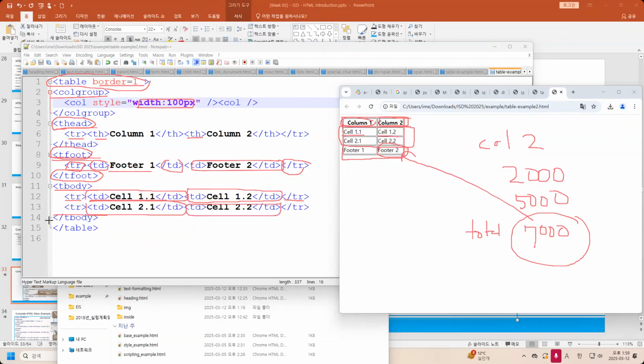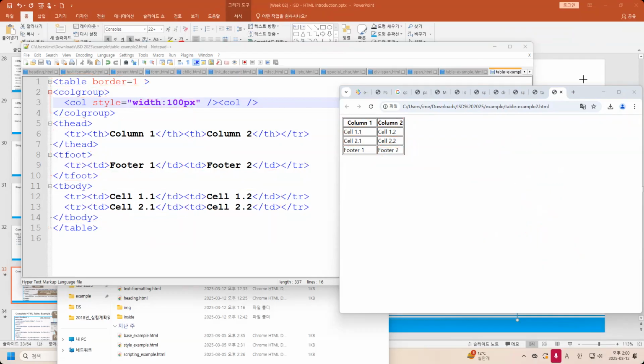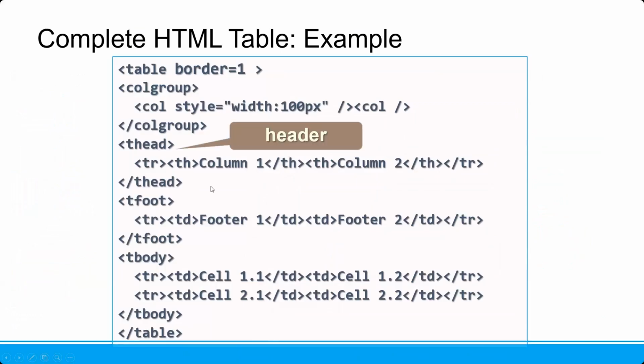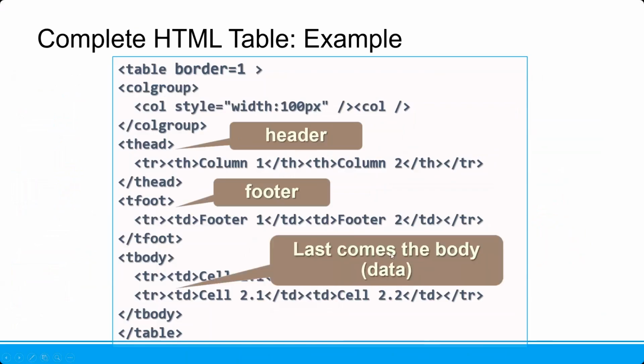And then we finish the tbody and then we close the table. So that's how we can understand one table. Okay, so this is the header, this is the footer. The last comes the body or the data.